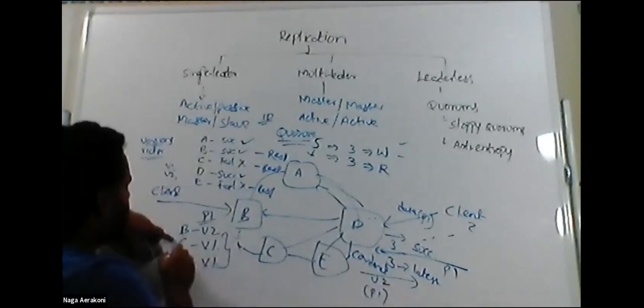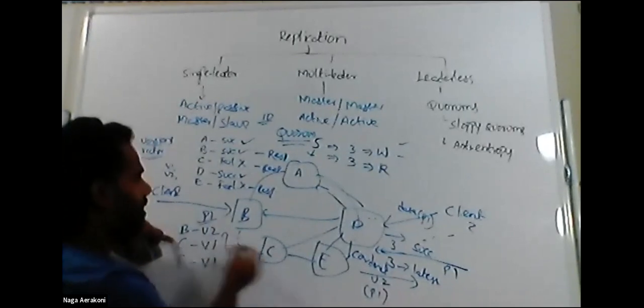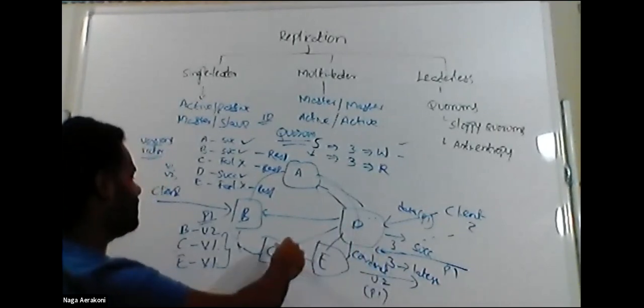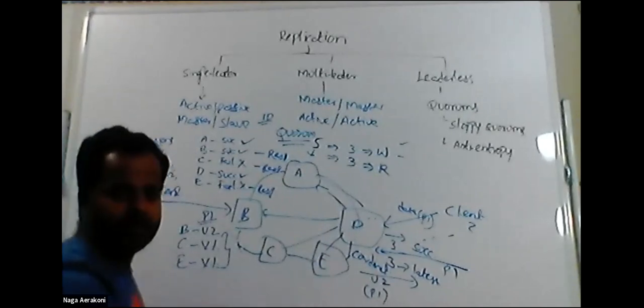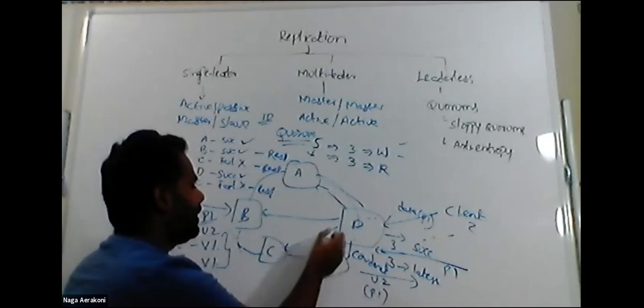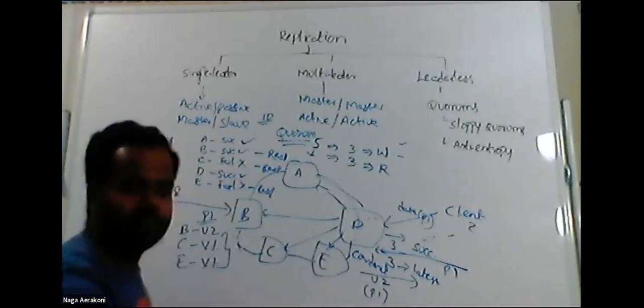And since it learned that C and E don't have the latest data, after sending the read response, D as a coordinator ensures that C and E are up to date. It sends the writes again to C and E internally, just making sure to sync them with the latest data.